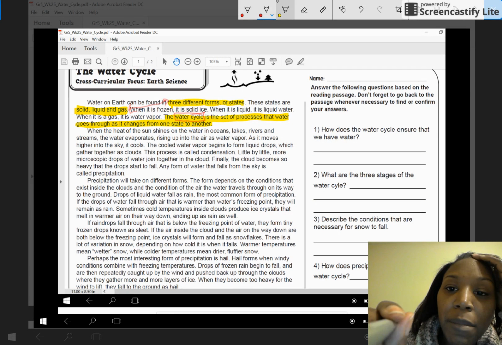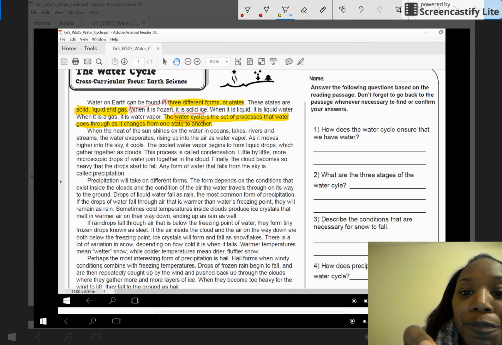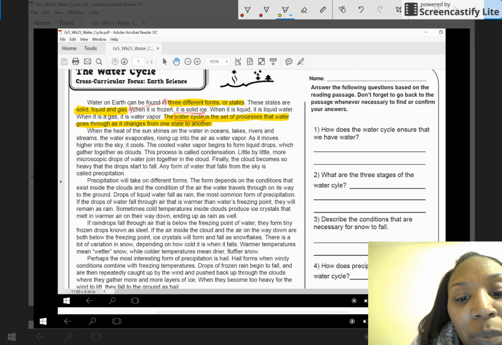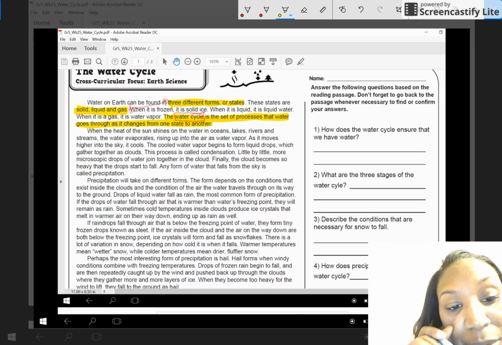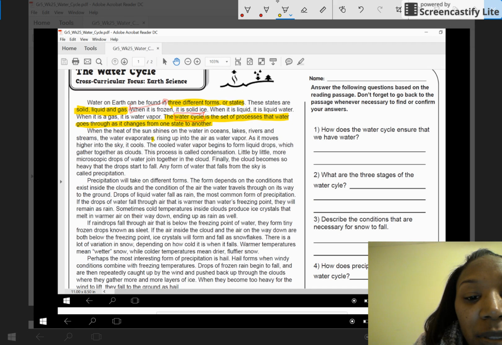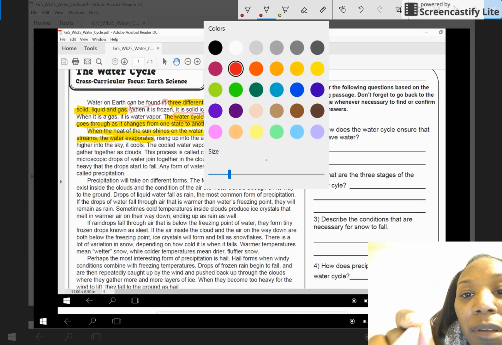So now let's take a moment and look at this paragraph, and let's highlight what we think is important. So, when the heat of the sun shines on water in oceans, lakes, rivers, streams, the water evaporates. So, evaporation is here. What we're defining, use another color.